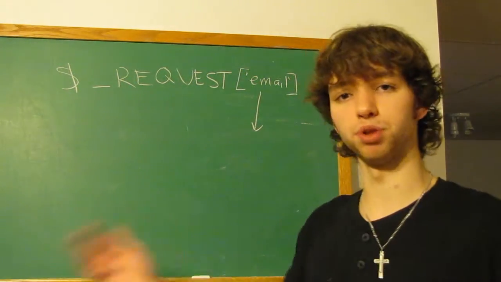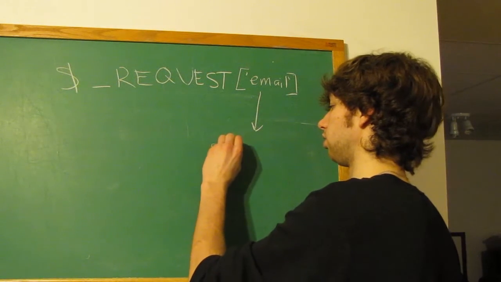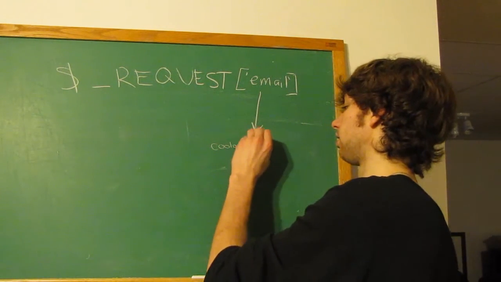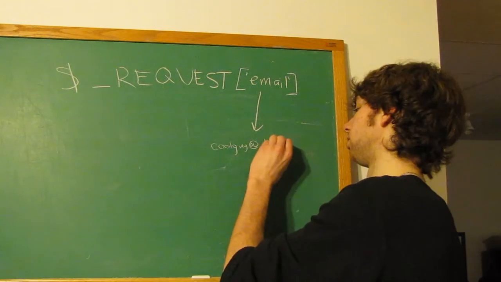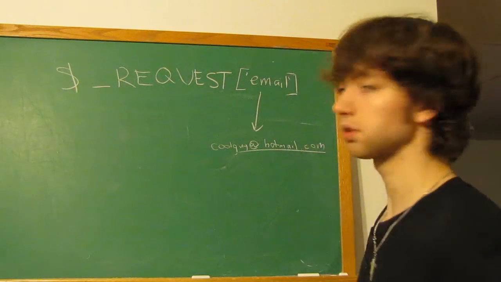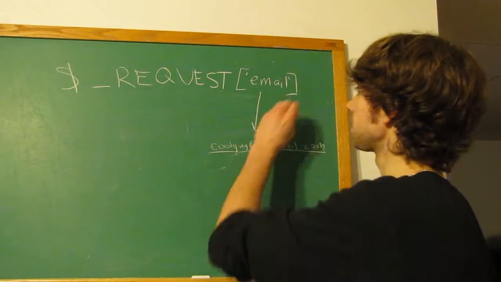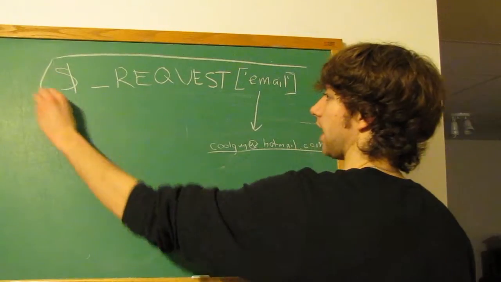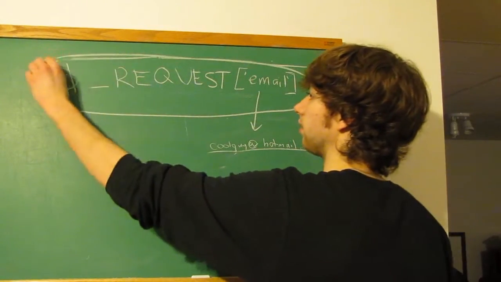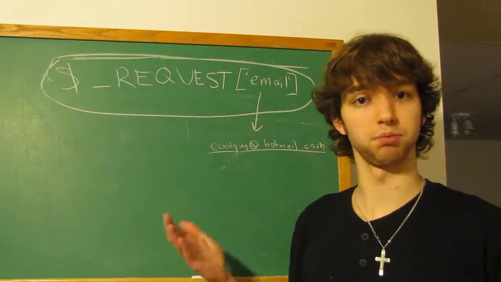Let's say the person put in their email as coolguy@hotmail.com. So that's what the person actually typed into the form. Well, this is how we reference that data. This right here. This is the syntax that we would put within our PHP script.